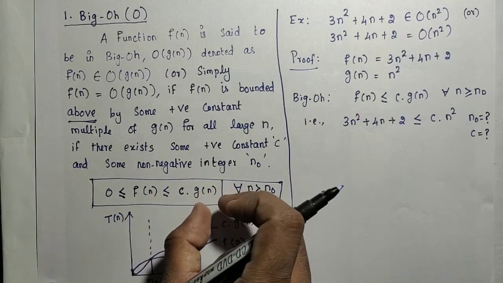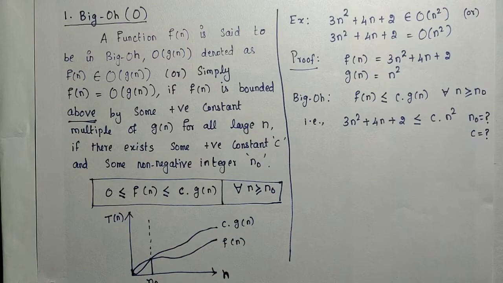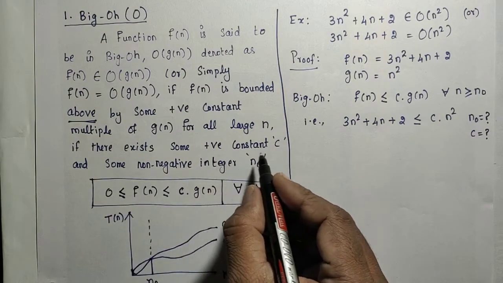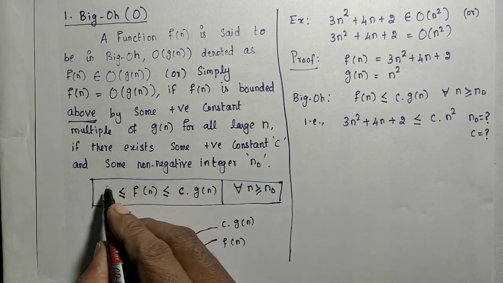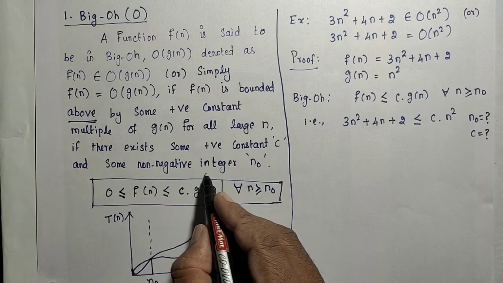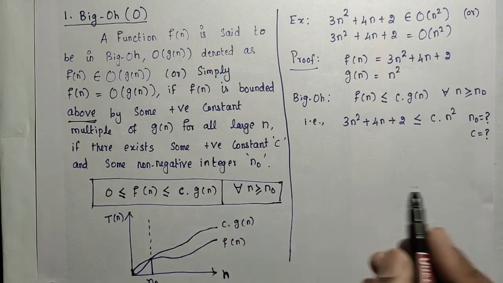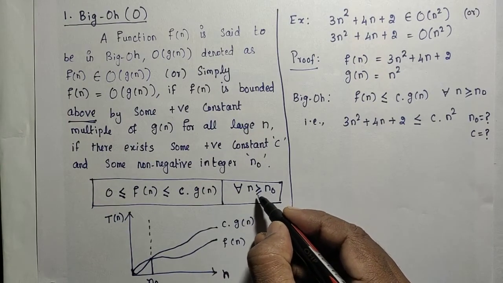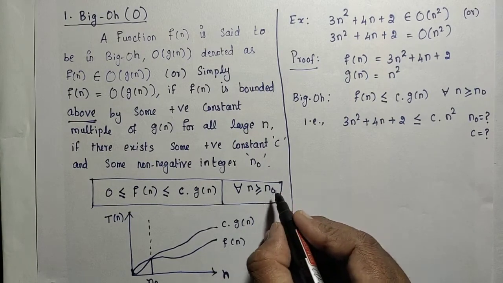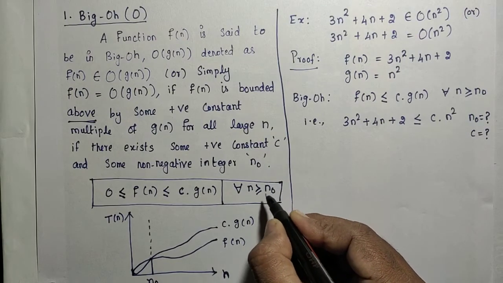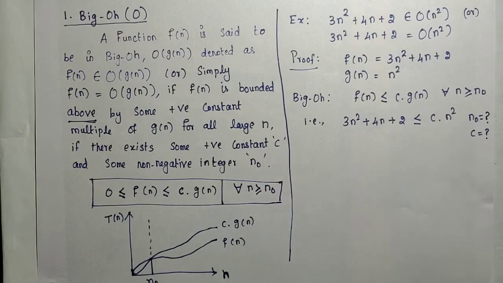This holds if there exists some positive constant c and some non-negative integer n naught, such that the condition is satisfied for all n values greater than or equal to n naught. So we need some minimum n value, and after this n value the condition should be satisfied.